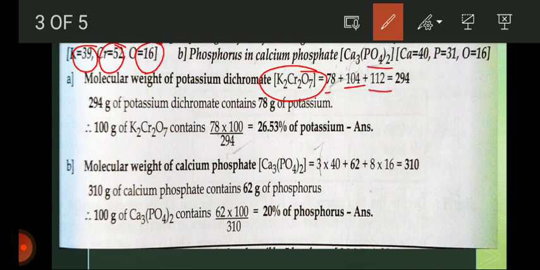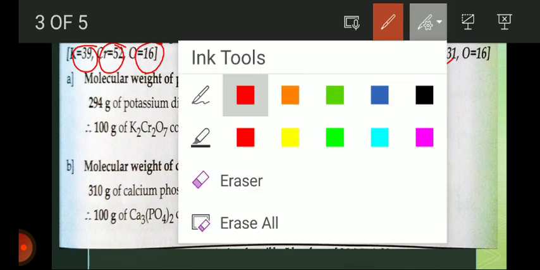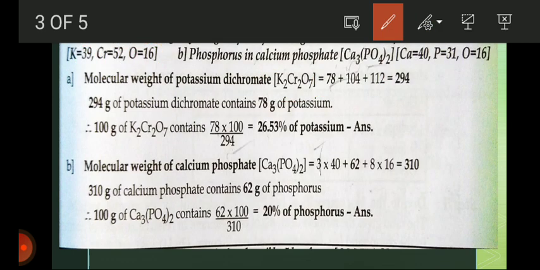If you add all these three numbers, you will get 294. So the molecular weight of potassium dichromate is 294. Now basically you have to find out that in 294 gram of potassium dichromate, how much percentage of potassium is present.